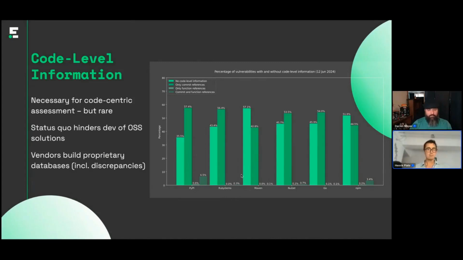Which in some way also hinders the development of open source solutions, because the proprietary databases are obviously not public. And so the open source projects do not have the same fuel, so to say, to drive their open source solutions, to develop code-centric approaches themselves.